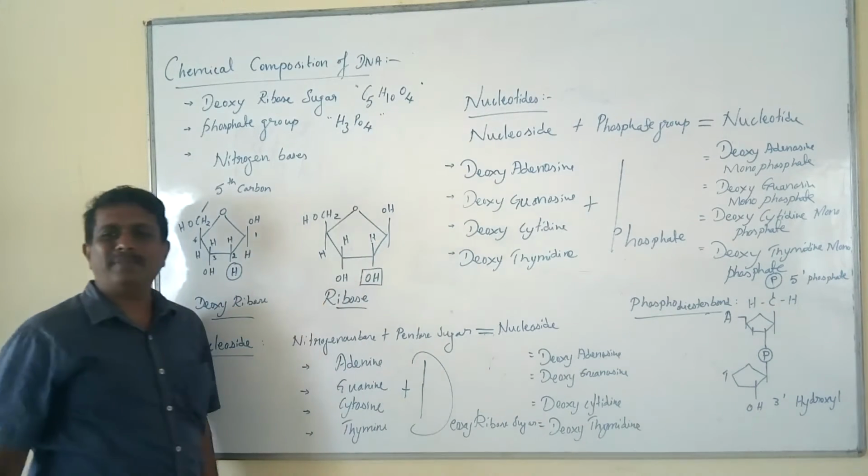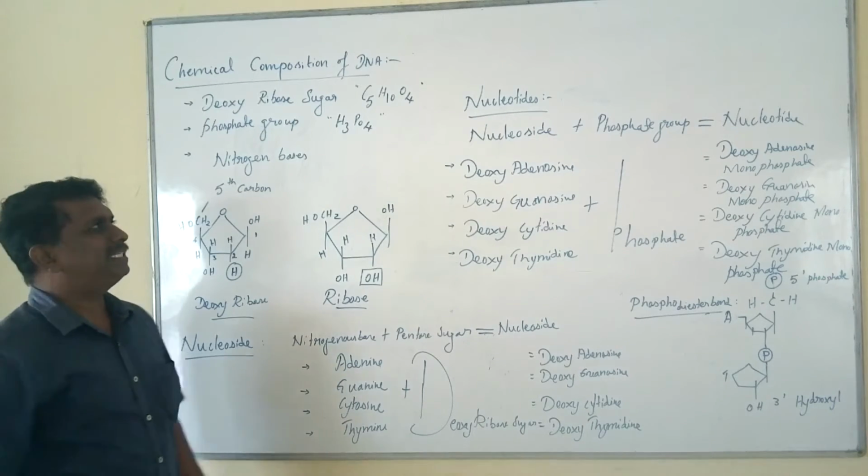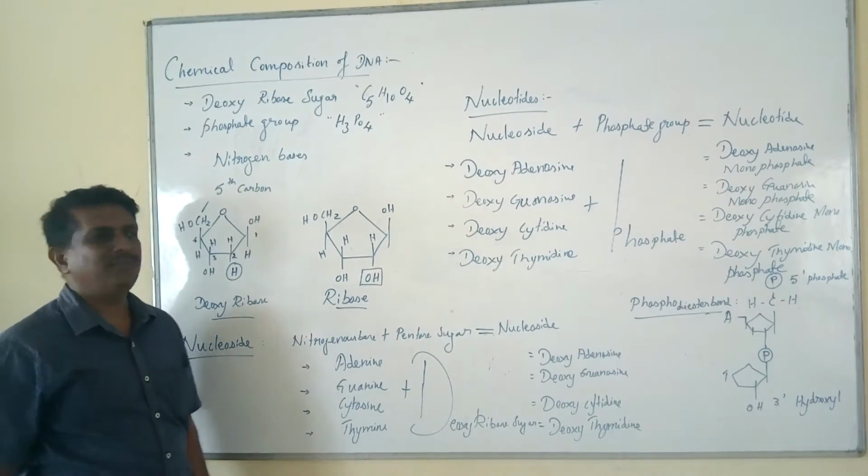The chemical formula of deoxyribose sugar is C5H10O4.